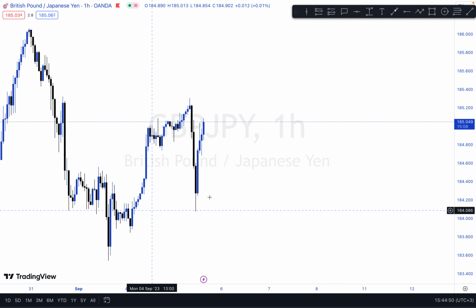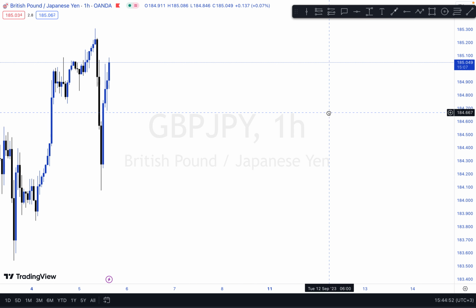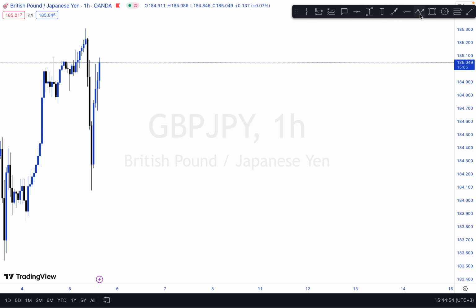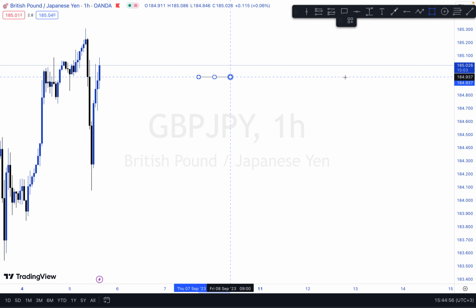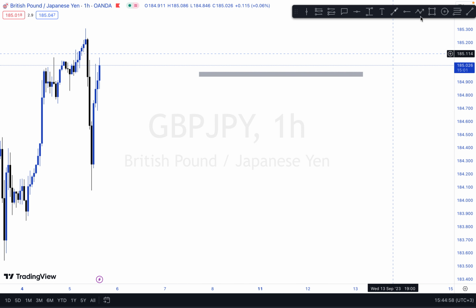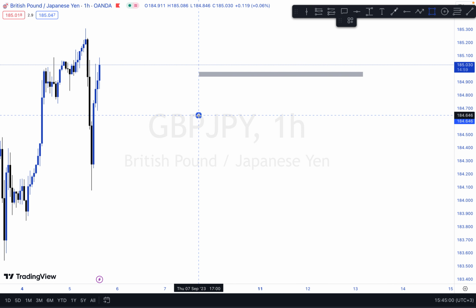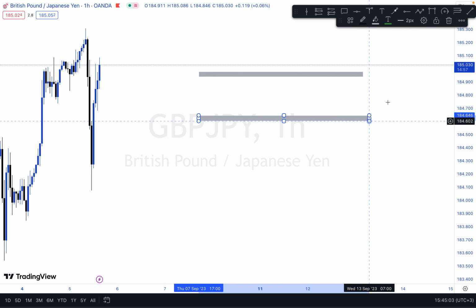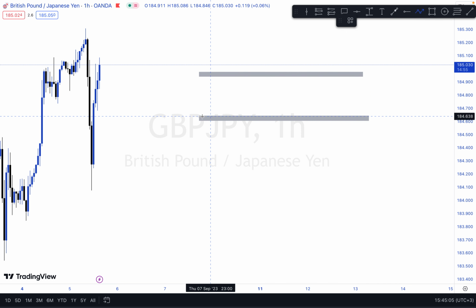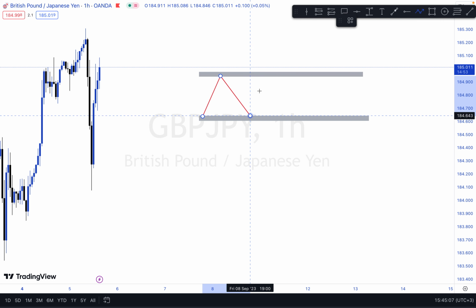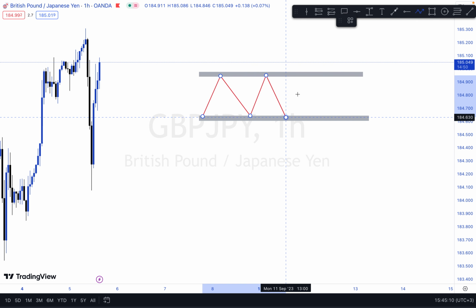I'm going to say something before we start looking for this. If you have a retest, make sure that retest is not too far from the zone. I'll show you a fake out.